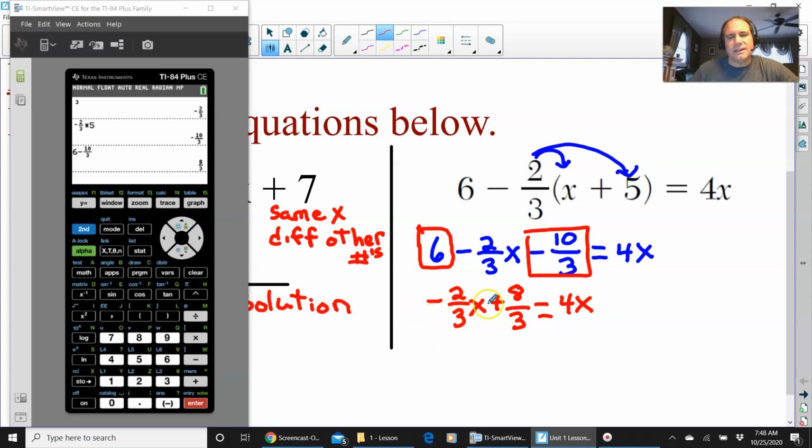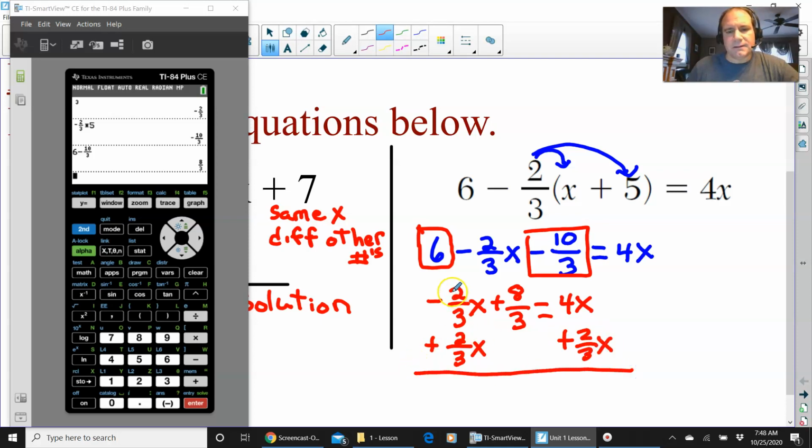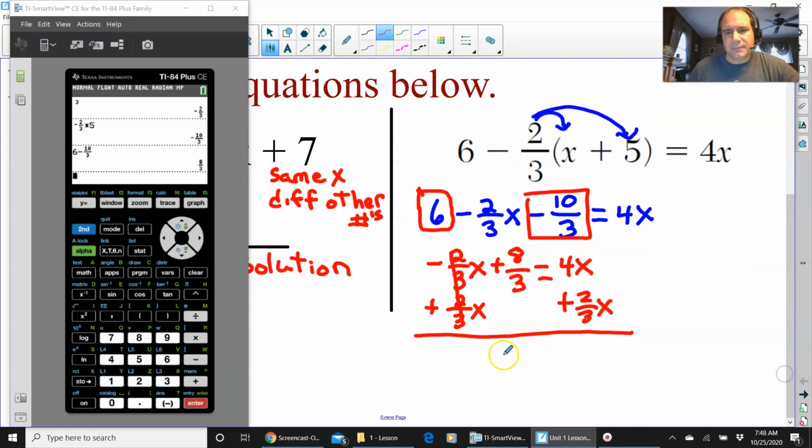Now you notice that the x's are on both sides, and you should go ahead and add 2/3 x to get the x's together on both sides. This cancels, and you get 8/3 equals 4 2/3 x.